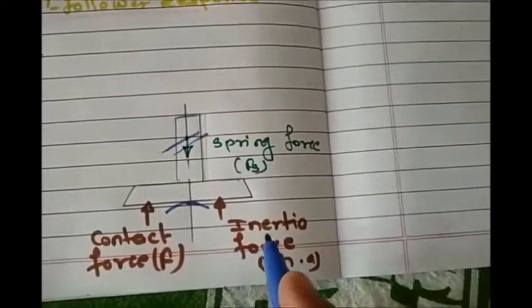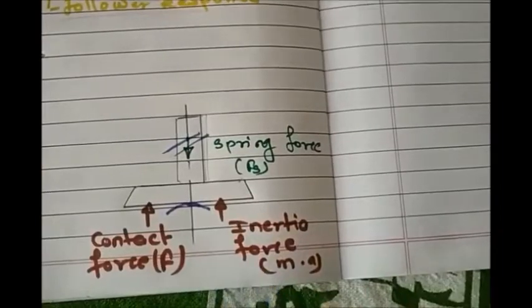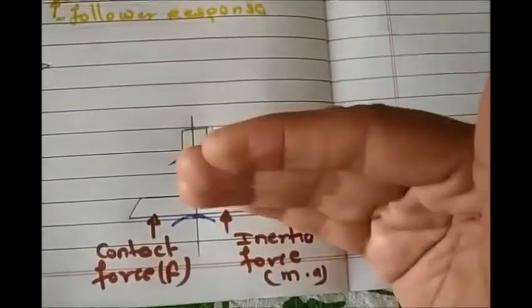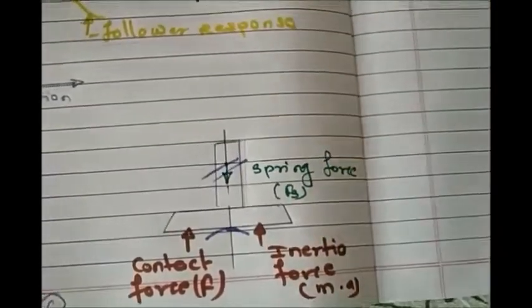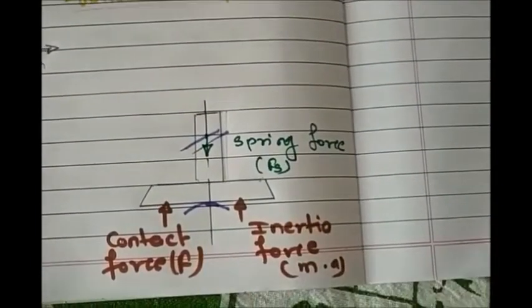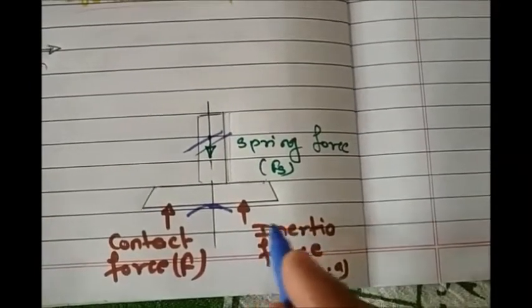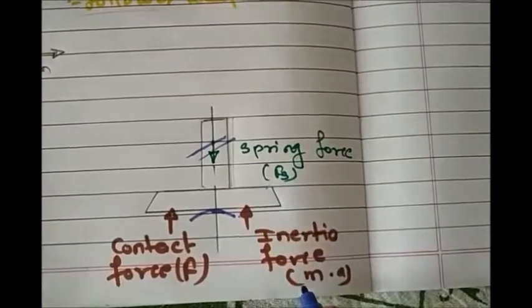And then we know the inertia force: when the speed of the cam is in excess of a particular limit, the follower loses contact with the surface of the cam. That is the jump phenomenon, and the follower loses contact with the cam surface due to the inertia force. So here we have the inertia force, which is again in the upward direction, that is ma.